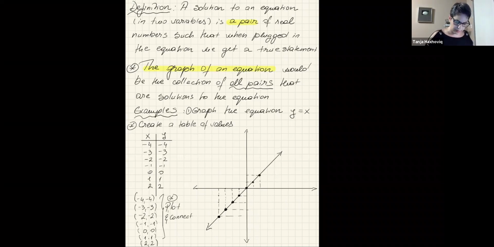So create a table of values and then plot and connect, depending on what equation we're talking about. So the second example would be y equals x squared. All right, so again, we create the table of values, x and y.